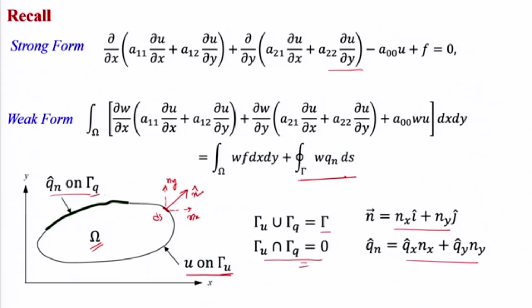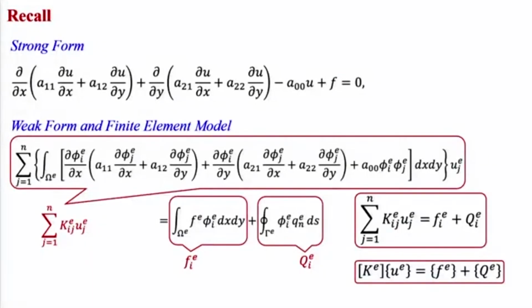Okay. Now this is the weak form, and once we have the weak form, the test and trial functions need to be approximated, and here we approximate these two by the shape functions defined over each element. If you substitute the shape functions in the weak form, we will get the element equation like this, where kij gives you the coefficient matrix, uj is the primary variable defined at the nodal points for element number e, and this gives you the source and flux terms, right?